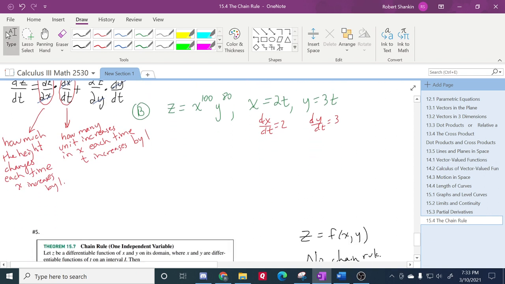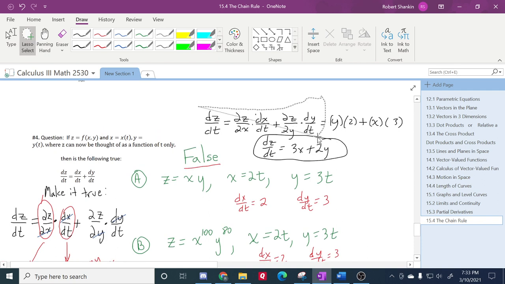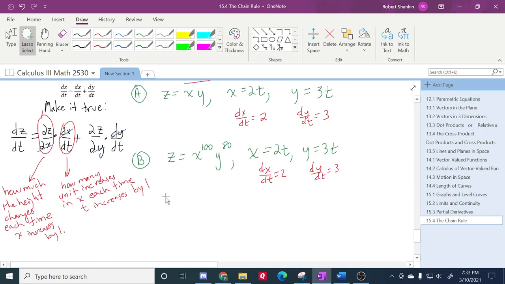And over here, we're going to have the same expression. But the partials are very different.